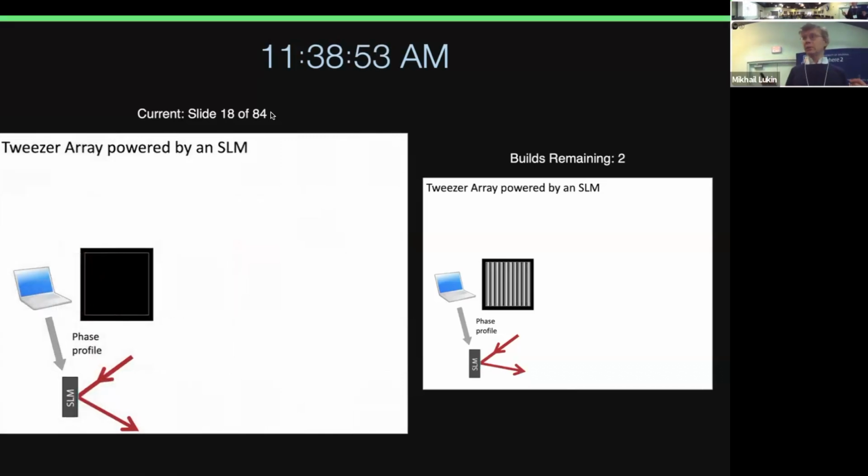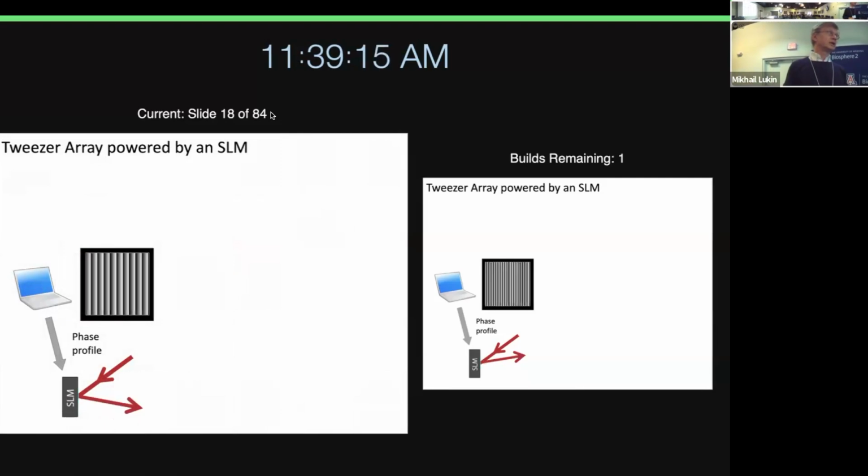So this is an example in one dimension. The modern experiments all include two-dimensional systems, and they are powered by this device, which is called a spatial light modulator. It's actually like a computer-generated hologram. Something of this type is what we use in this projector to project the slides.